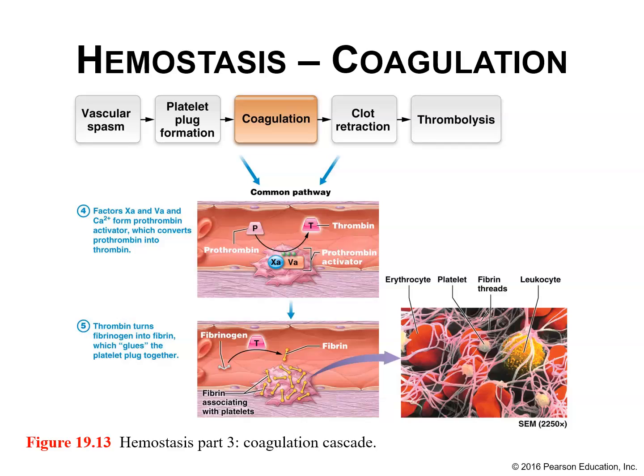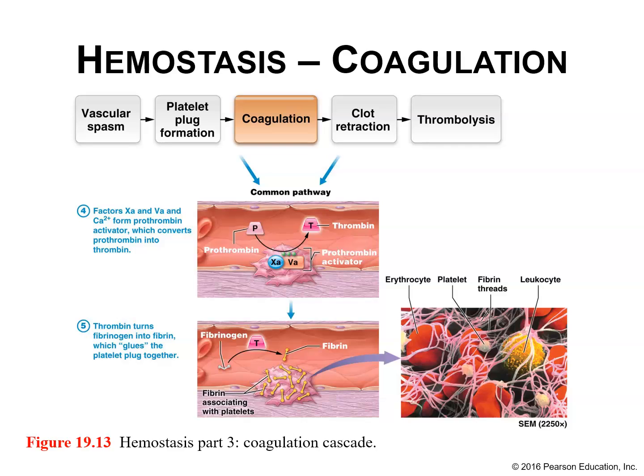Fibrin becomes associated with the platelets, and that forms the thread-like protein that molecularly glues everything together. And that's what you see here in a scanning electron micrograph, where you see the red blood cells becoming trapped inside the fibrin threads and the different platelets and leukocytes. That's what you see when the blood is first coagulated.